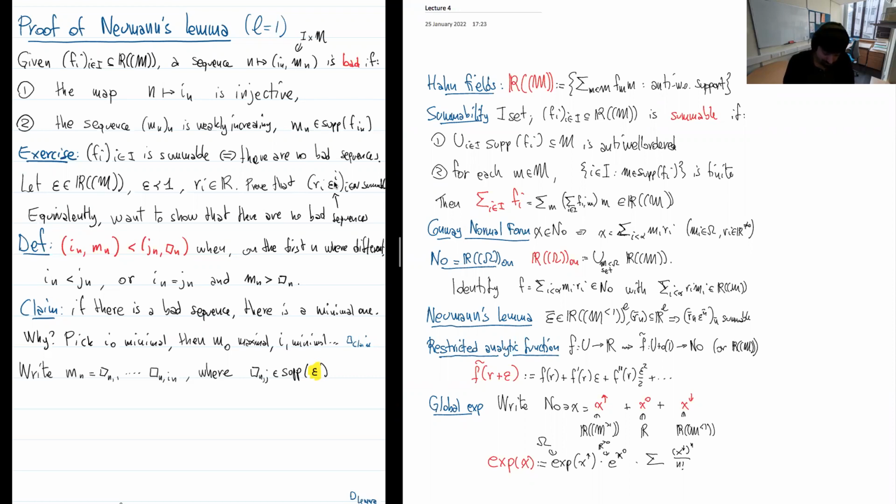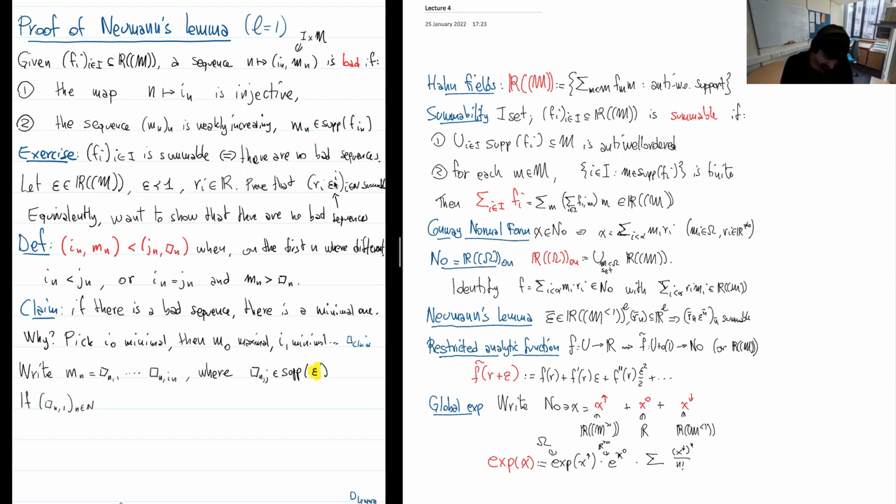Let me do an easy case. So suppose first that we just look at the sequence o_{n,1}, just the first monomial in this product.